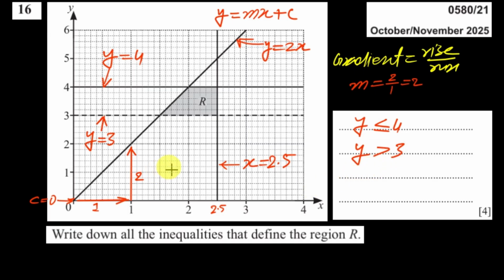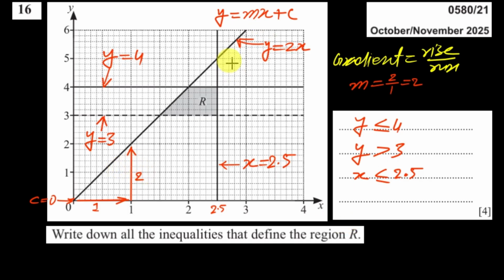Now we'll see the third boundary, x. If the region is on the right side of this line, we write x is greater than 2.5. But here the region is on the left side of this line, so x is less than 2.5. And this line is solid, so we write x is less than or equal to 2.5.